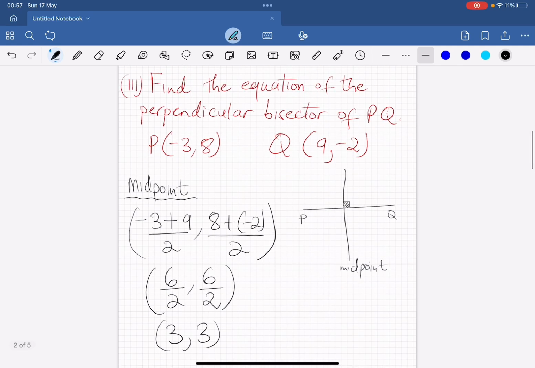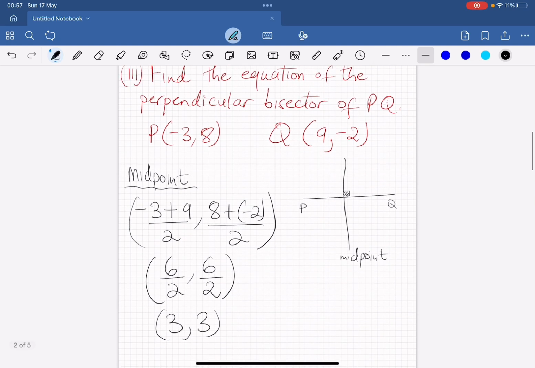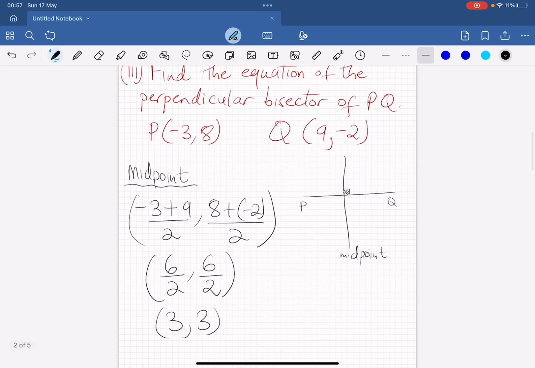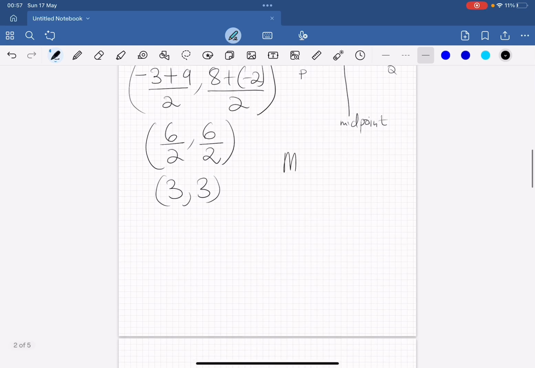Now, in order to find the gradient of the perpendicular bisector, you basically need the gradient of PQ.